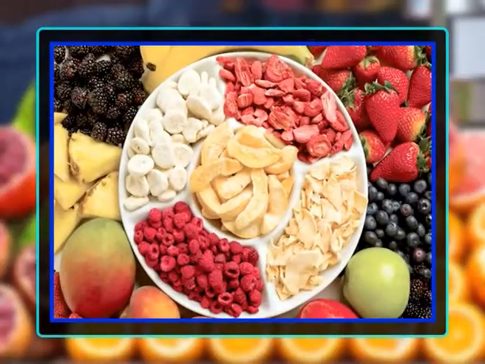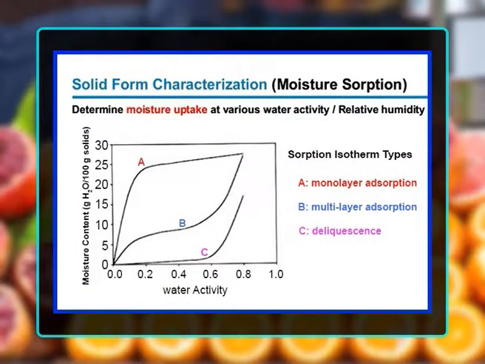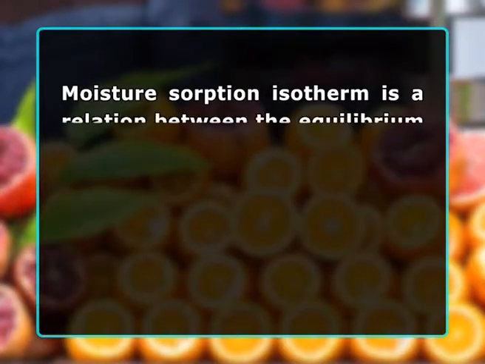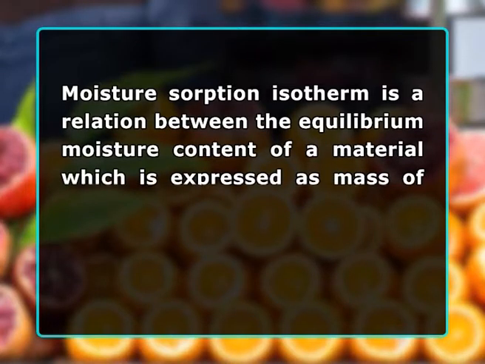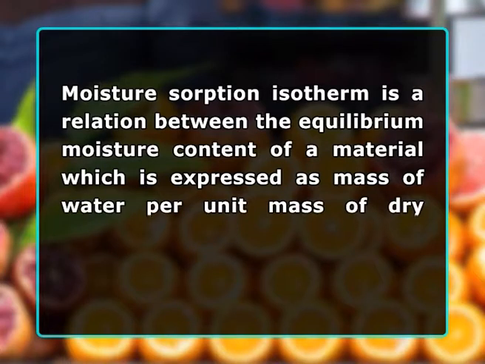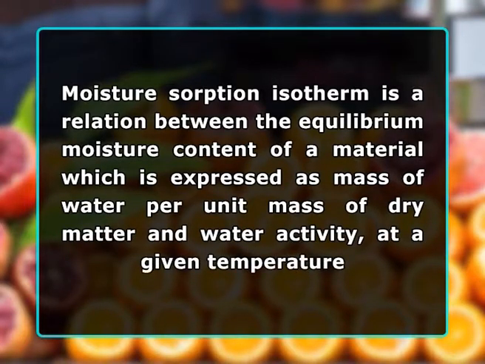The basic concept associated with food dehydration may be understood with the help of terms like water activity and moisture sorption isotherm. The moisture sorption isotherm is a relation between the equilibrium moisture content of a material, which is expressed as mass of water per unit mass of dry matter, and water activity at a given temperature.